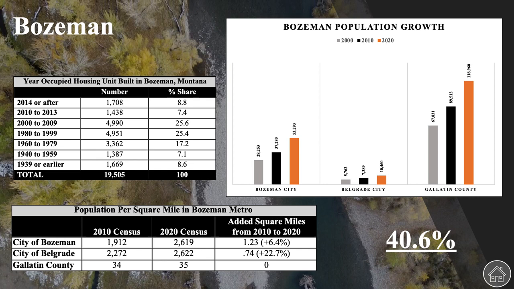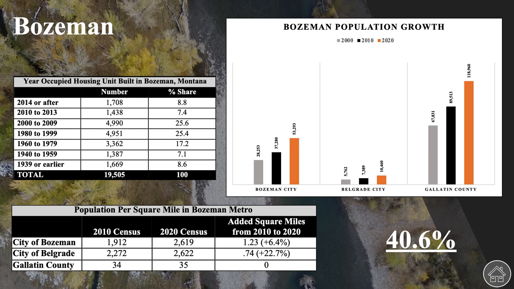So while it is the smallest in terms of population of the three municipalities, it experienced the highest growth rate from 2010 to 2020. Comparatively, Gallatin County, the county where Bozeman is located, added an additional 29,447 residents from 2010 to 2020.